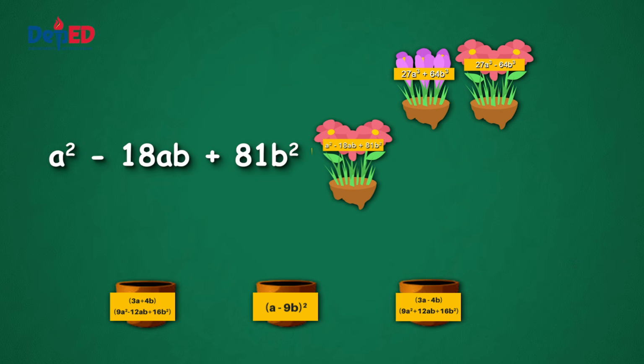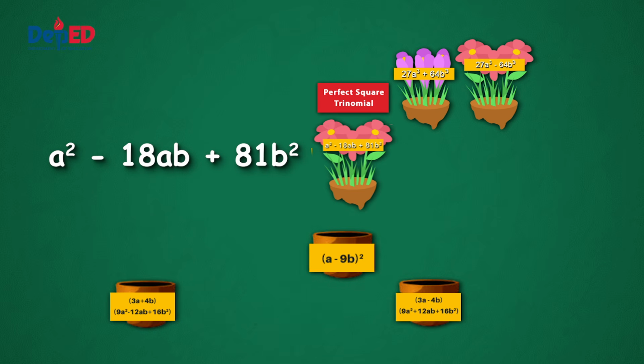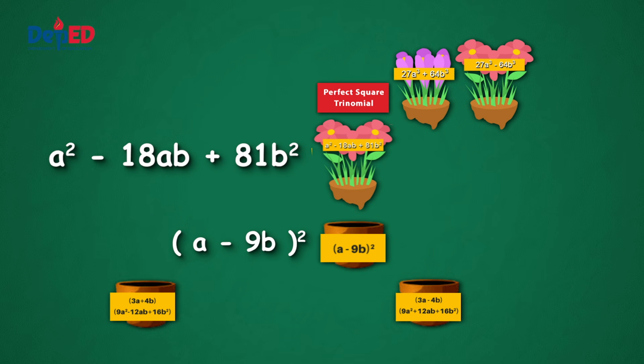Let us have a squared minus 18ab plus 81b squared. What type of polynomial is this? It is a perfect square trinomial, and its factored form is just the square of the quantity of a minus 9b.